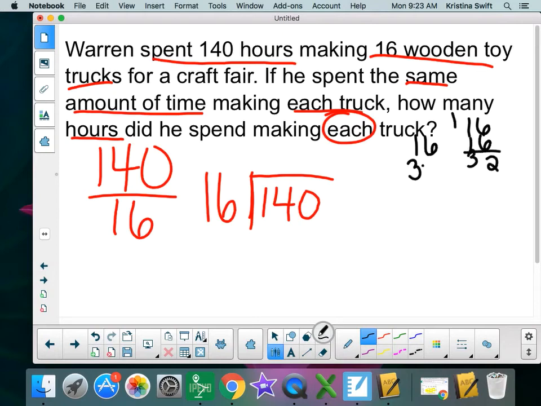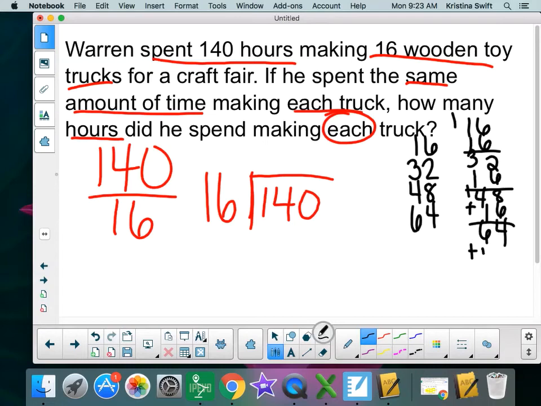That gives us 32. So 16 times 2 is 32. Let's add 16 again. That's 48. We're not there yet, so I'm going to keep adding. 8, 9, 10, 11, 12, 13, 14, 4, 5, 6.